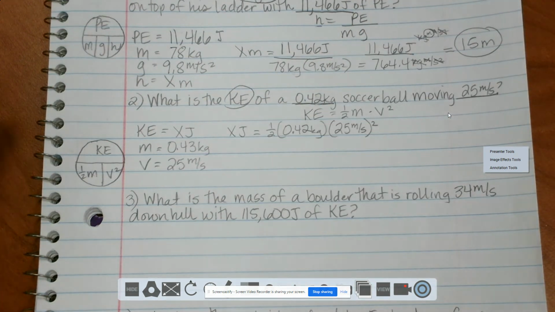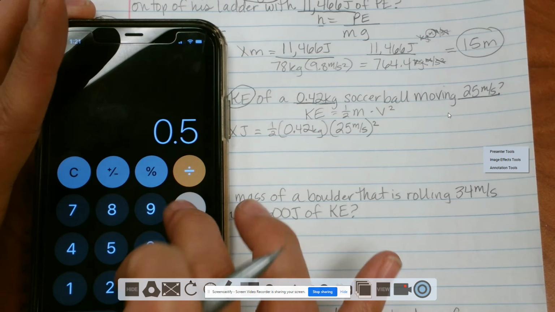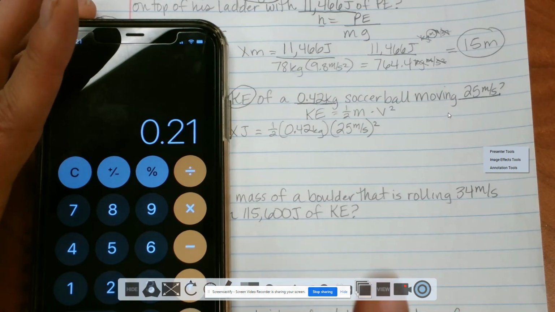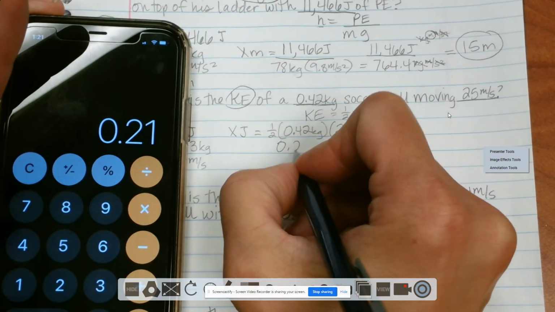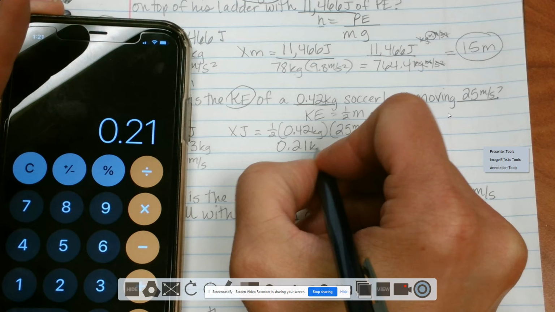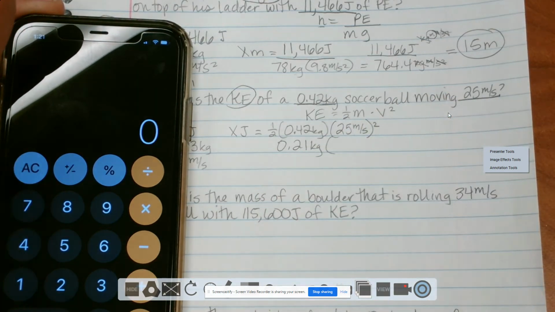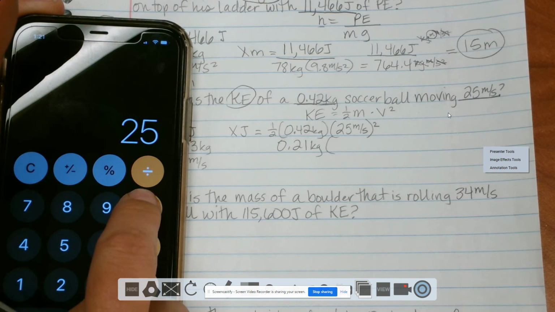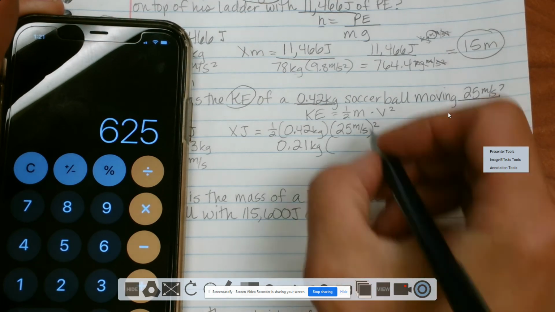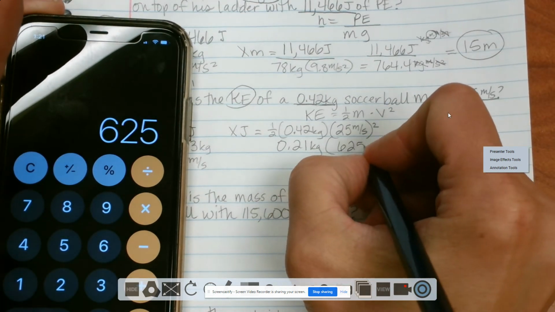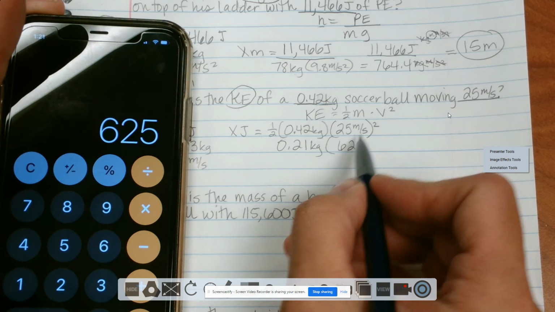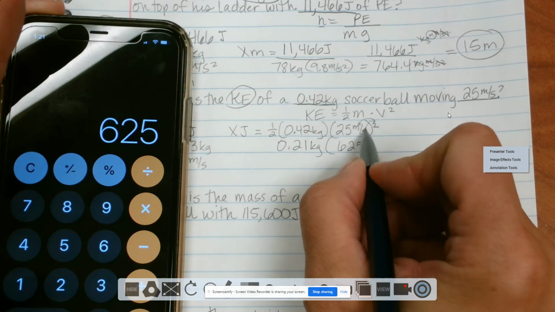Okay, so let's try that again. 0.5 times 0.42 equals 0.21, still a kilogram. And I'm going to multiply that by 25 squared. 25 squared is 25 times 25, which is going to give me 625. Now I've squared everything, meaning I have to square the meters and the seconds as well.